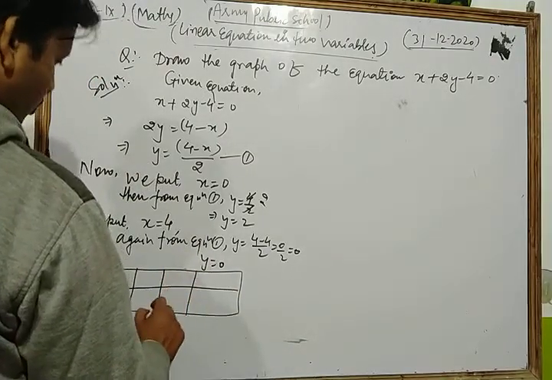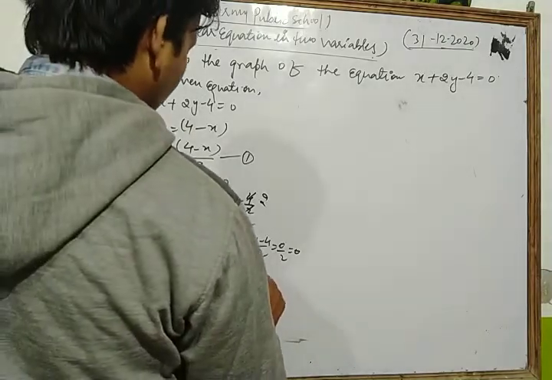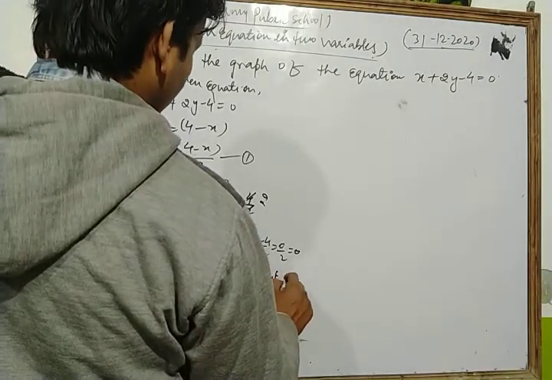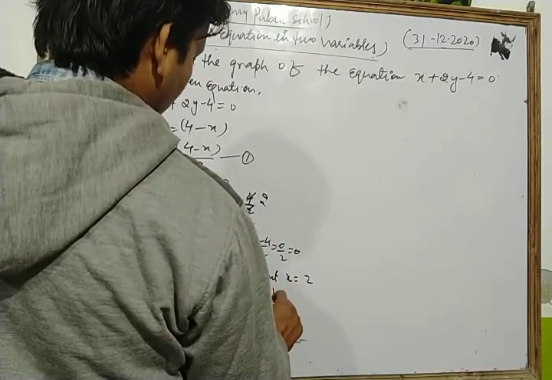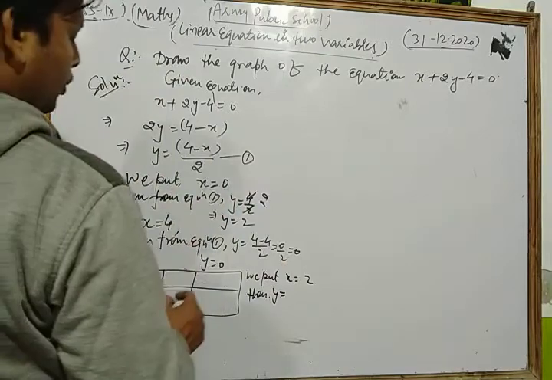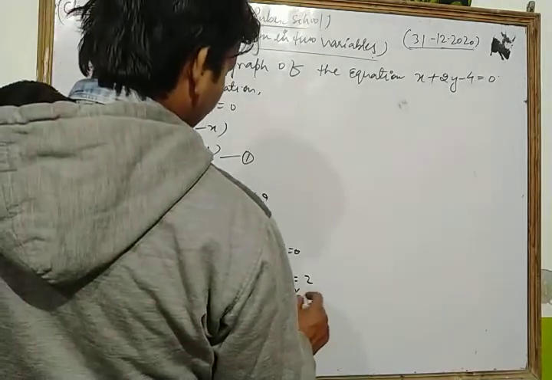Now we put one more value. We put x is equal to 2. Then y is equal to (4 minus 2) upon 2, means 2 upon 2, that is 1.